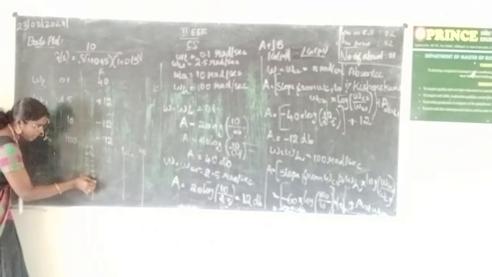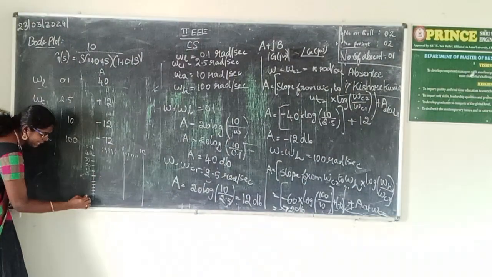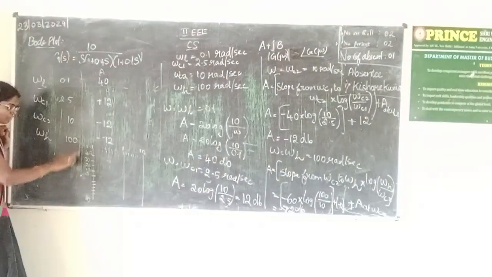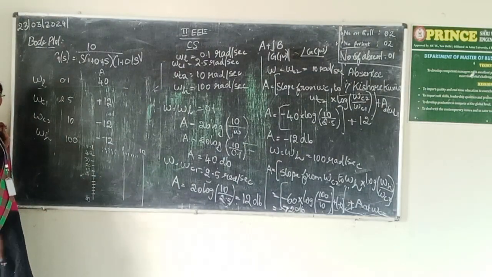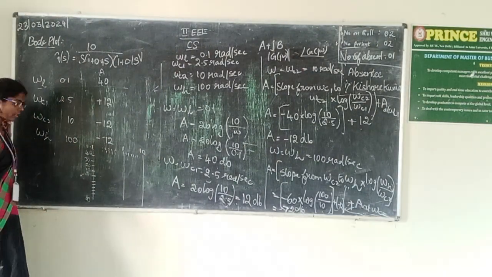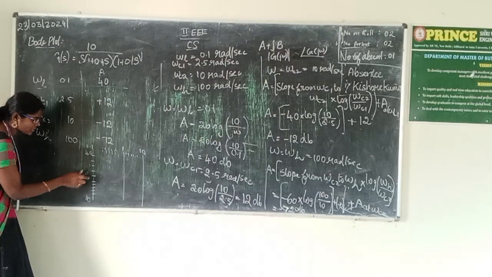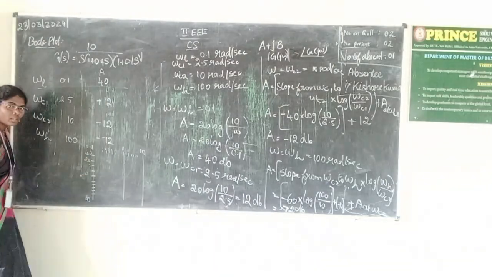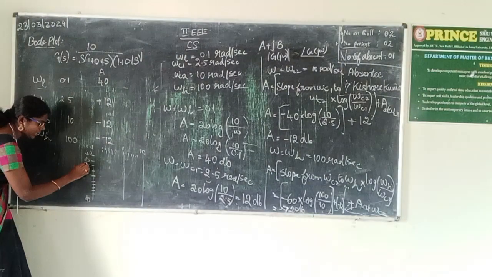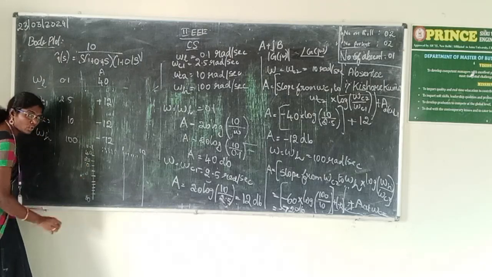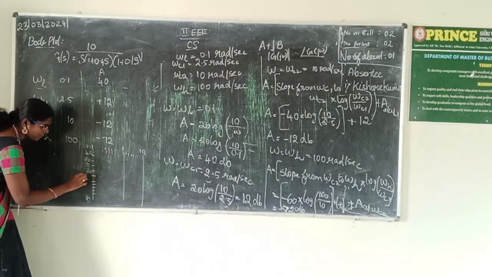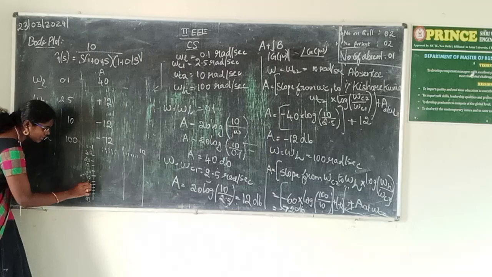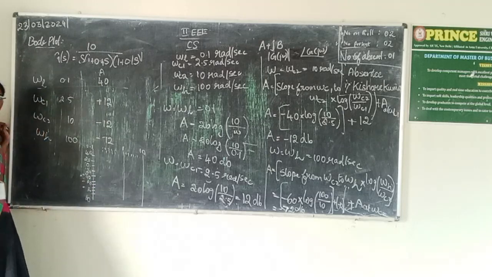So mark up to 80. If the actual 80 is not fitting, we have to take the scale of 20. That is 40, 20, again 0, then minus 20, minus 40, minus 60, minus 80.